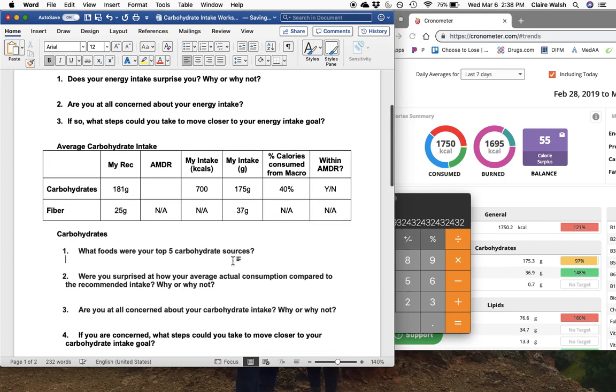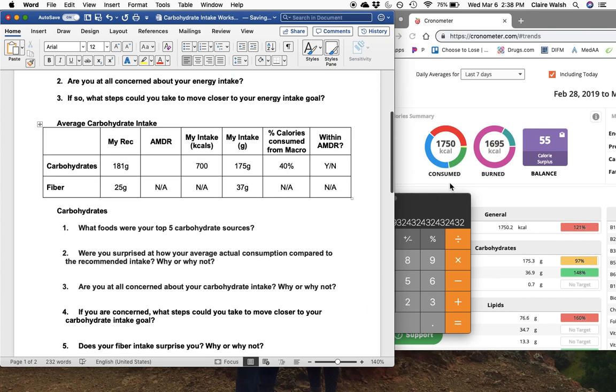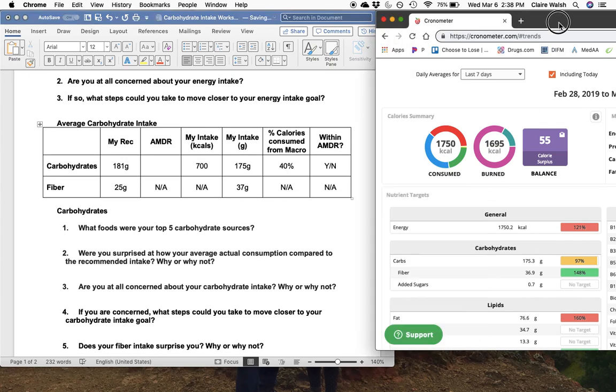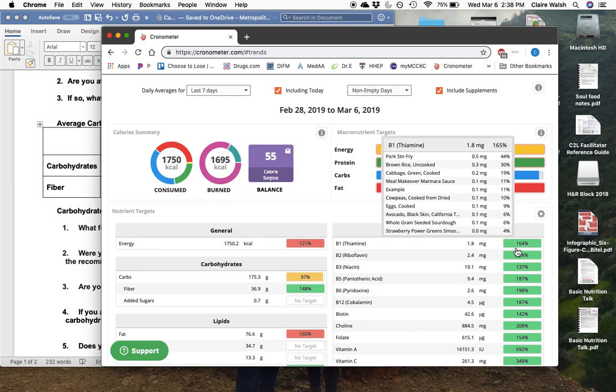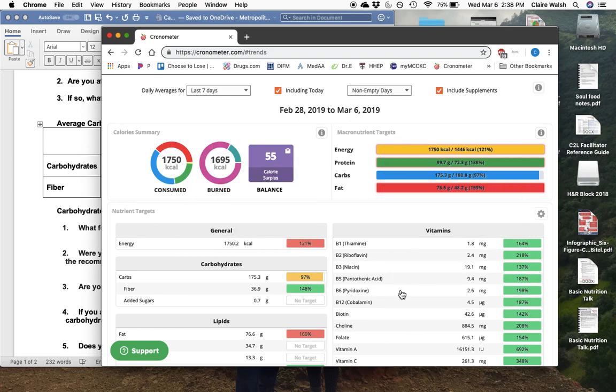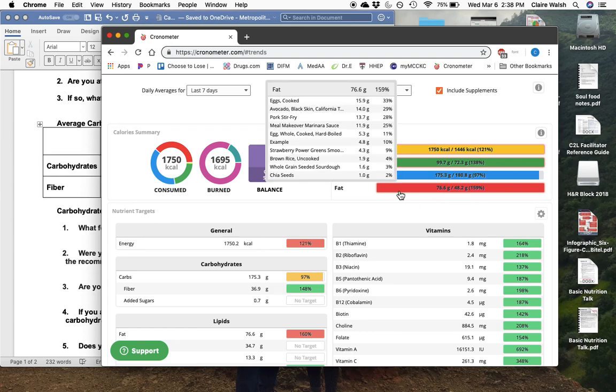Next, this question I can help you out with a little bit. Please do make sure that your answers are not bolded. It's just so much easier for me to grade. So what were your top 5 carbohydrate sources? Well, Chronometer can answer that for you. So we're going to go back to this macronutrient targets section, and you'll notice that as I hover over these percentage bars, that little window will pop up.